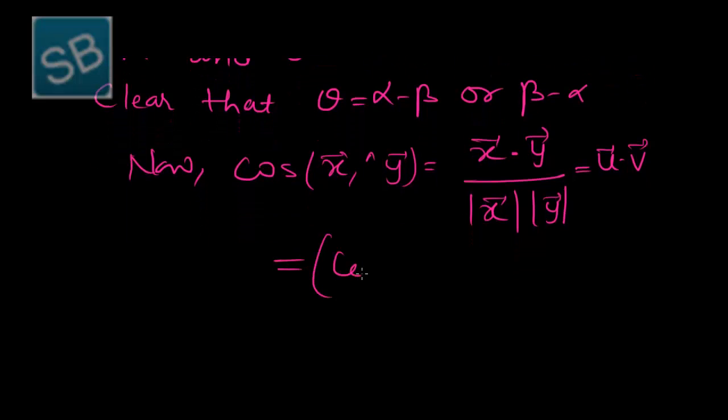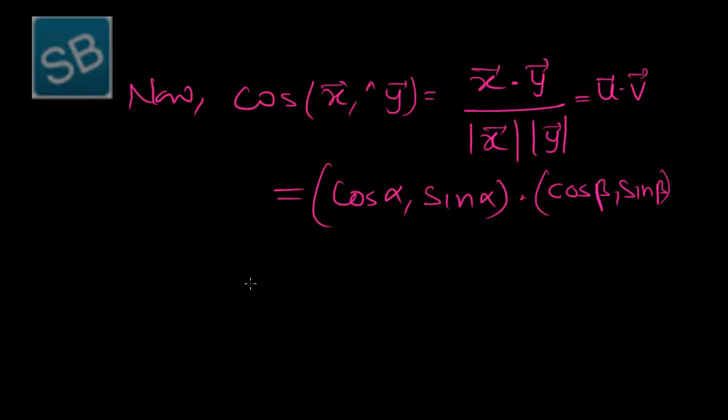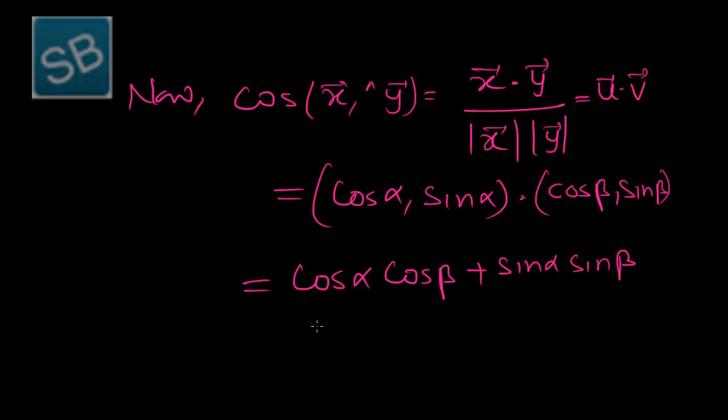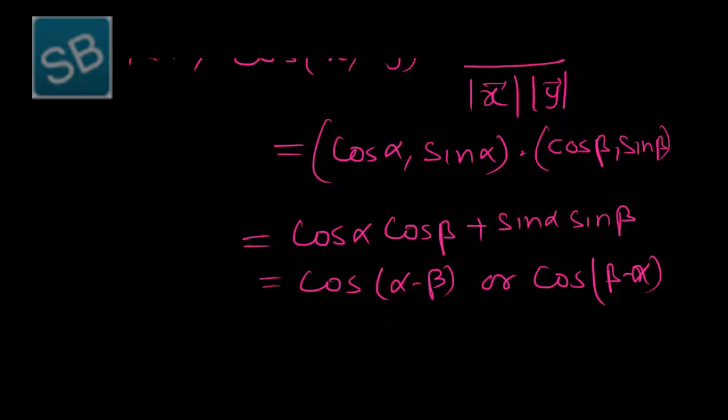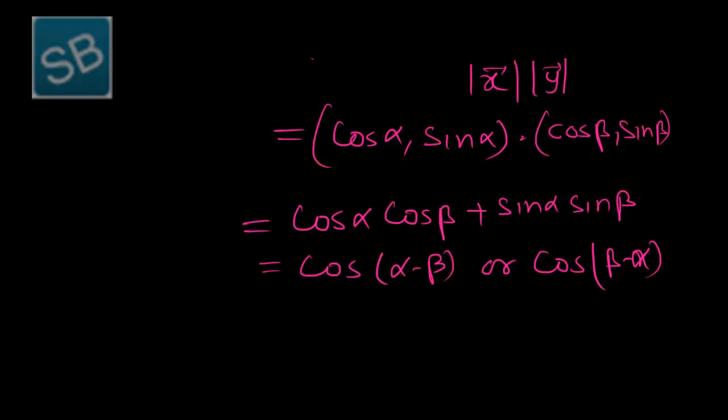So the coordinates of u are cos alpha, sin alpha and of v are cos beta, sin beta. So we take the inner product of these and we get cos alpha cos beta plus sin alpha sin beta, that is, cos of alpha minus beta or cos of beta minus alpha. It depends upon us.